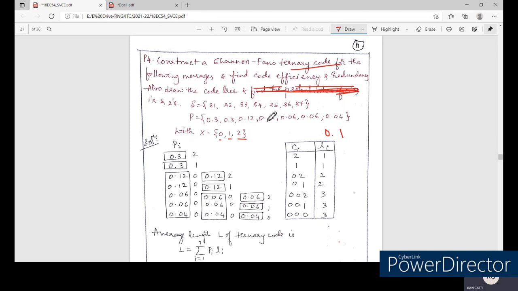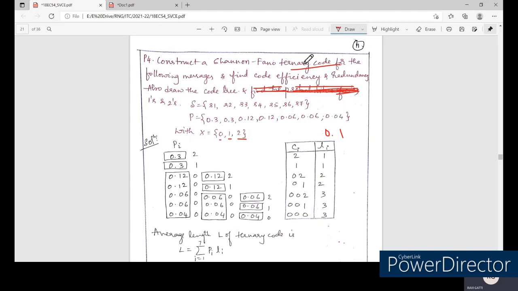Let us try to solve the problem. Construct a Shannon-Fano ternary code for the following messages. Find the code efficiency and redundancy, and also draw the code tree. They have given the source symbols S1, S2, S3, S4, S5, S6, S7 with probabilities 0.03, 0.03, 0.12, 0.12, 0.06, 0.06 and 0.04.